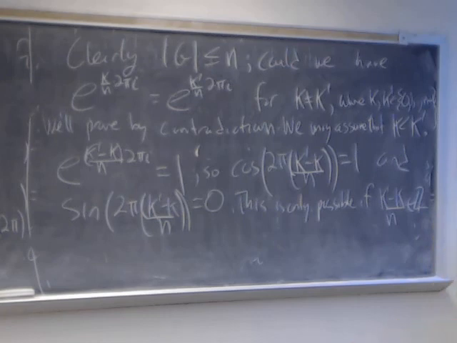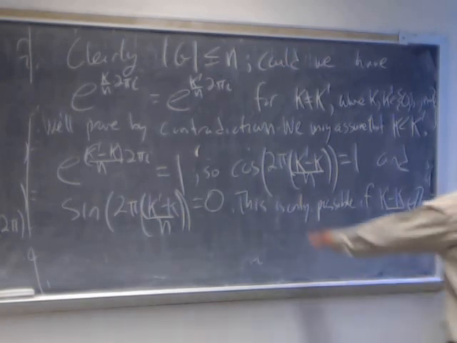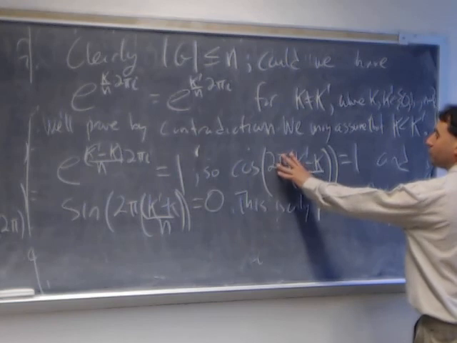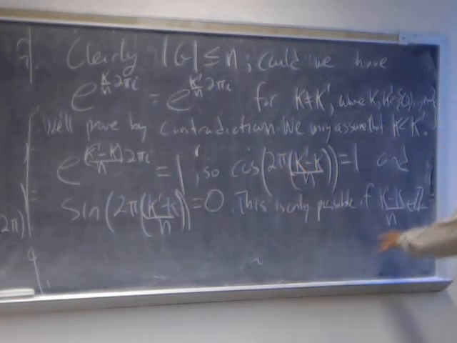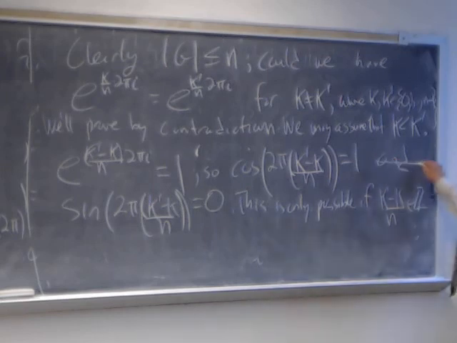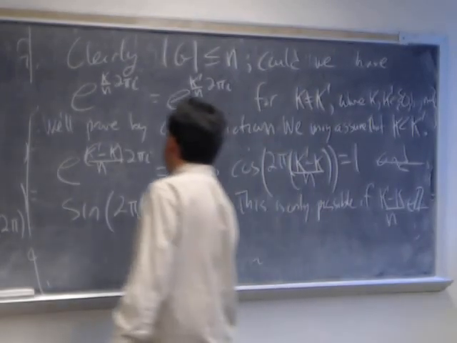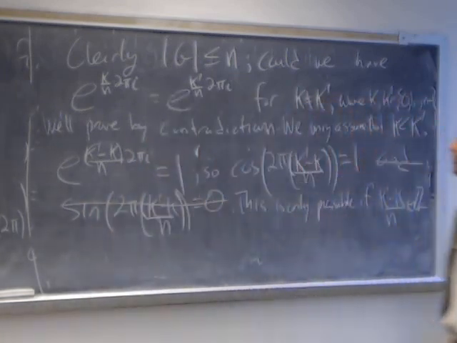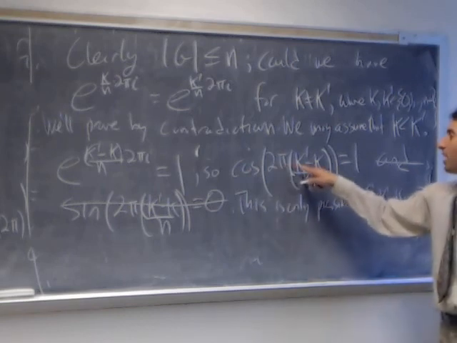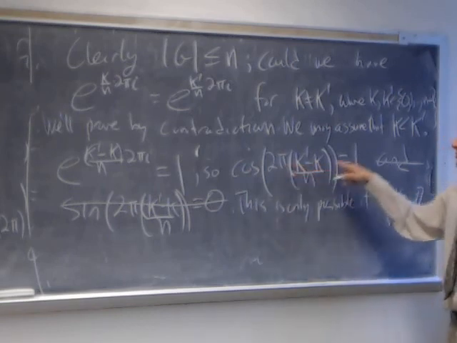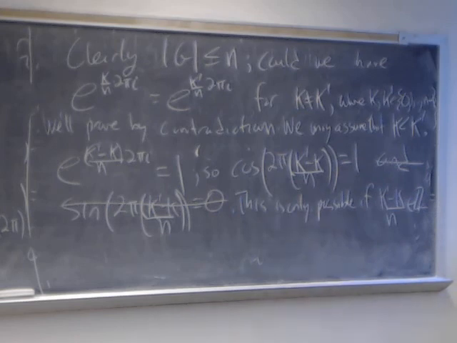So this is only possible if we're plugging in 0 or 2 pi. So right here, this is enough to force the integer to be equal to 0. While this is true, we don't really need that argument, because the only way a multiple of 2 pi plugged into the cosine would give you 1 is if that multiple is an integer.